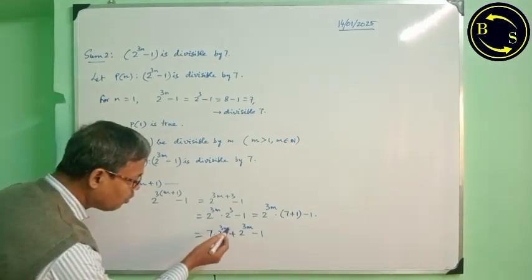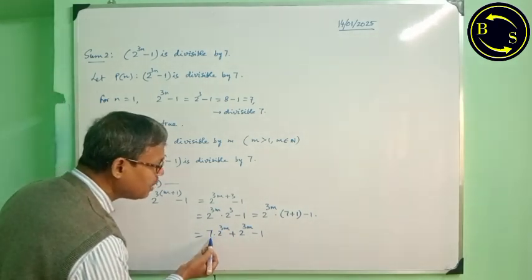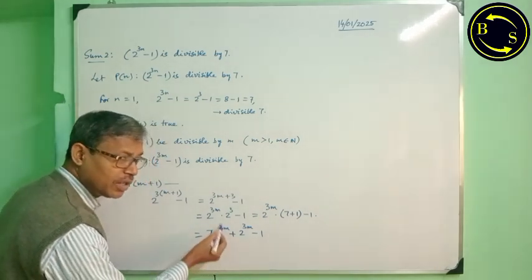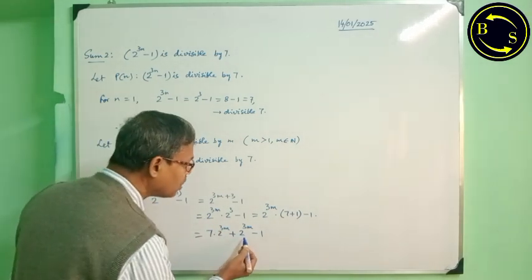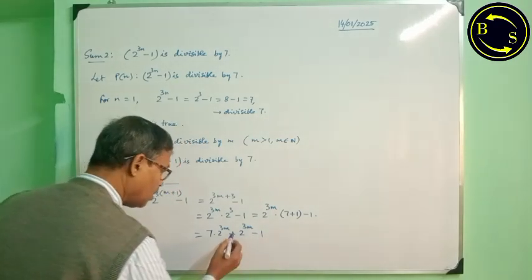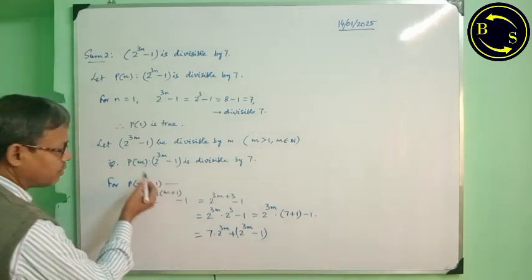Now you see, I have got a term of which 7 is a factor. Therefore, I can say easily this is divisible by 7. Now, the rest two terms, 2 to the power 3m minus 1. Now I put brackets here.